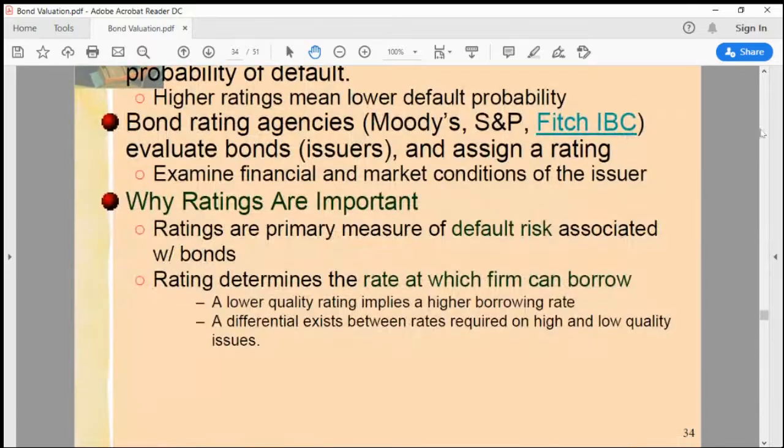And that brings us to, I also talked about this before, bond rating agencies. There are three globally renowned rating agencies: Moody's, S&P, Fitch IBC. And I've been telling you, Moody's and S&P are U.S. based rating agencies.